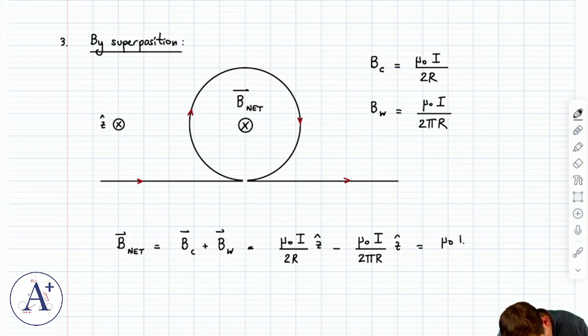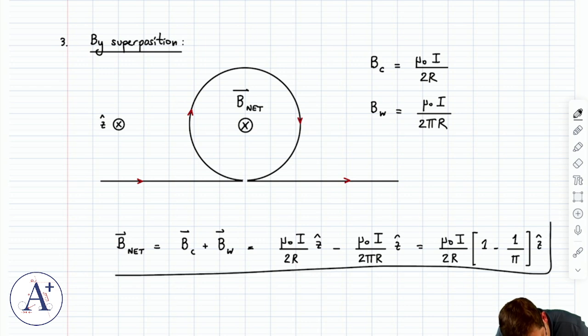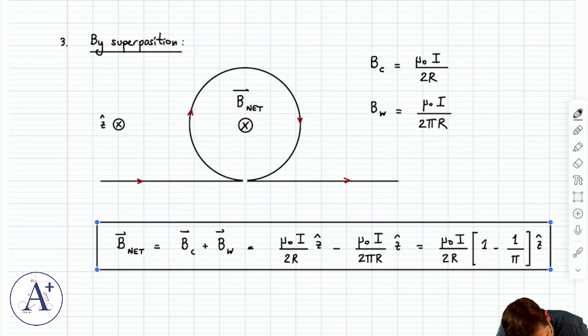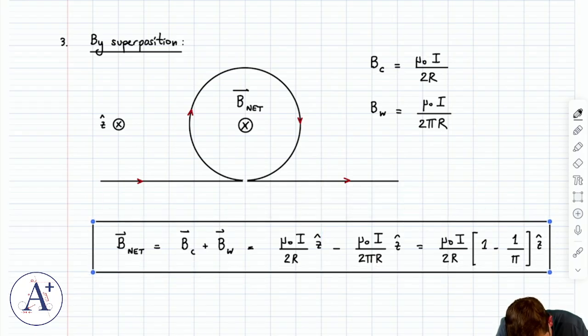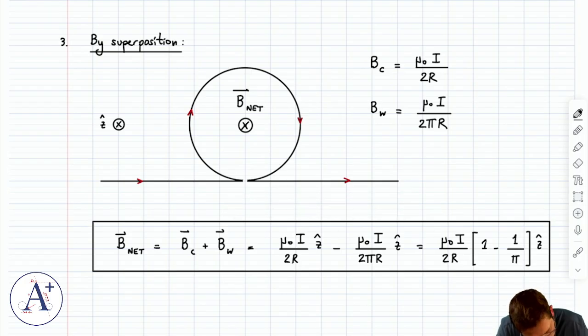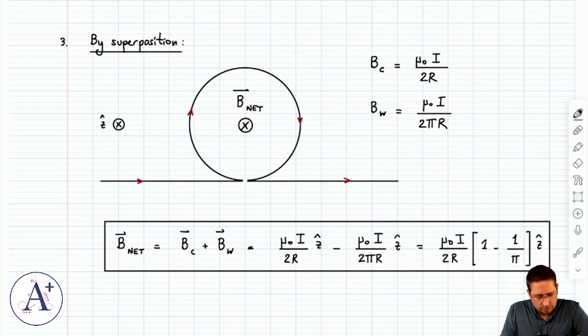You can say it's mu naught I divided by 2r multiplied by 1 minus 1 over pi, Z hat. All right, and there we go. That is going to be the net magnetic field at the center of this ring of current.